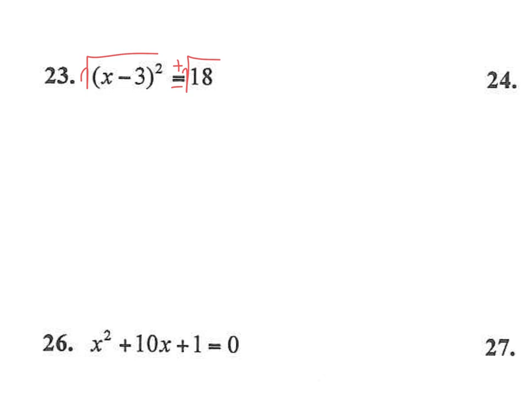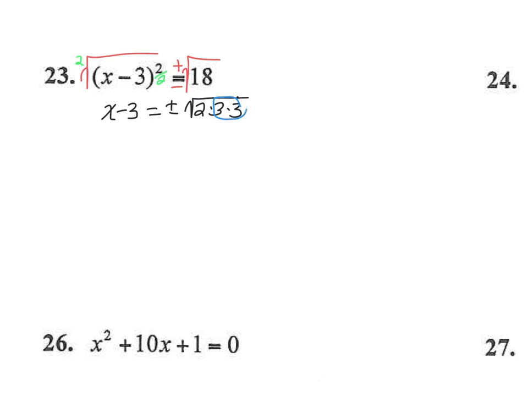Because our index here is 2, remember that I can divide anything written as a power, I can divide that exponent by the index to get the root. So the square root of x minus 3 squared is x minus 3, which is equal to plus or minus the square root of 18, and I'm going to write out the prime factoring of 18 as 2 times 3 times 3.